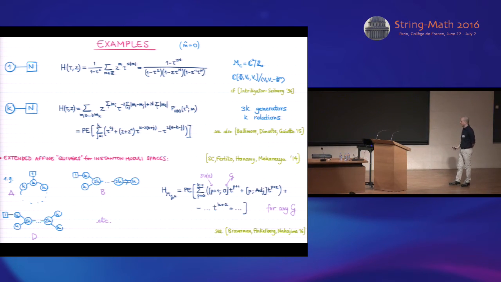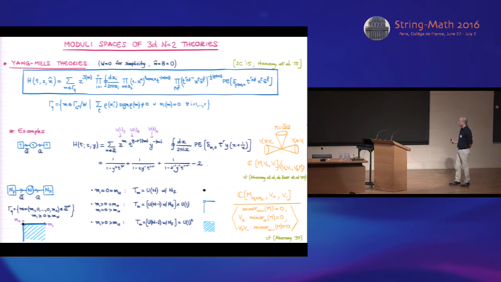Since I'm running out of time, let me just flash quickly one example with N=2 supersymmetry. This is the formula that follows from the previous consideration for a three-dimensional N=2 theory, setting the background magnetic charges to 0 for simplicity.